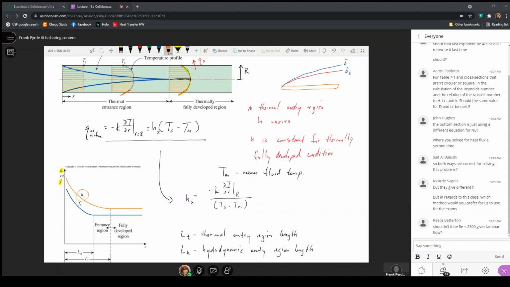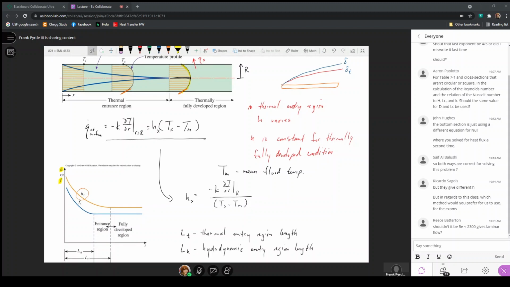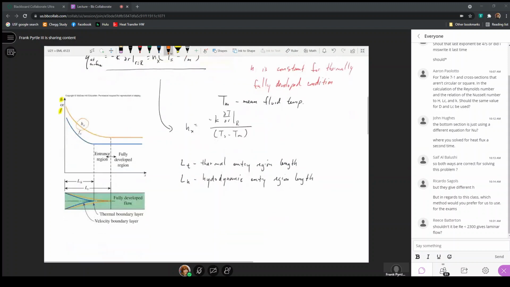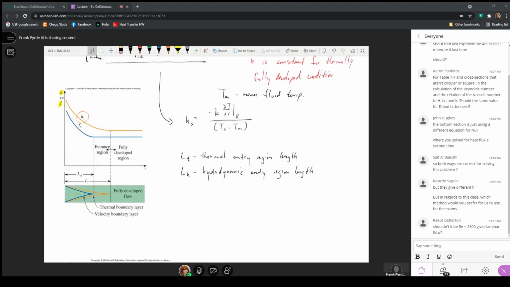Now, how do we determine how long L sub H, the hydrodynamic entry region length, is? How long is L sub T, the thermal entry region length? Those are based on empirically developed expressions.